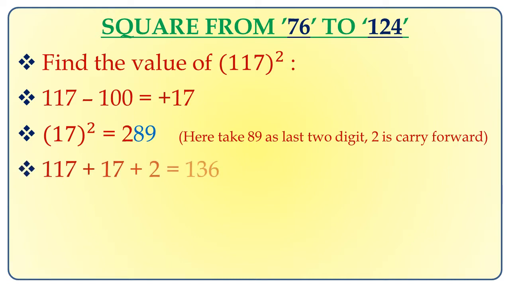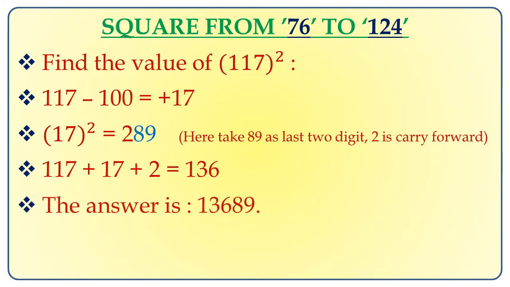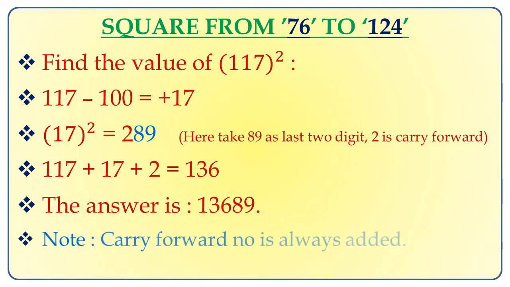Now the original number 117 plus the difference, that is 17, plus 2 carried forward. So the sum is 136. So our answer of 117 square is 13689. Please note, the carry forward number is always added.